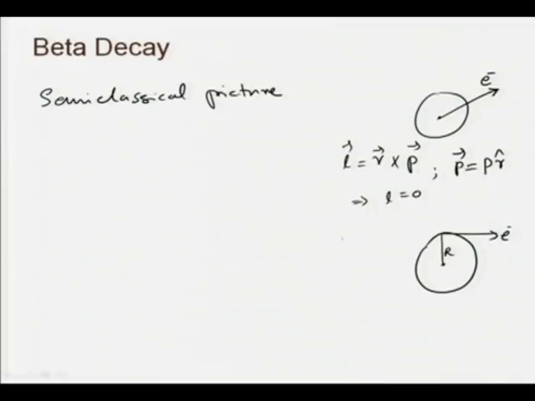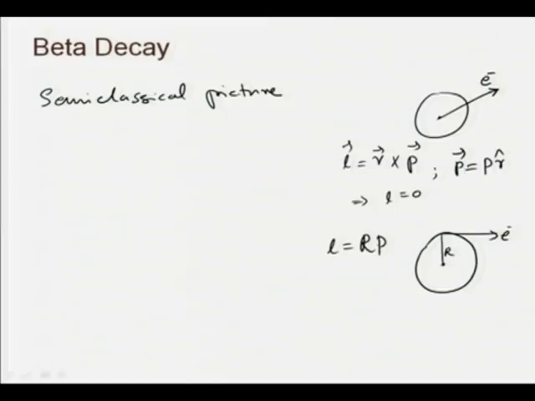So, in that case L is equal to basically R, now capital R, the size of the nucleus, times P, the momentum of this. That is the maximum kind of possibility.